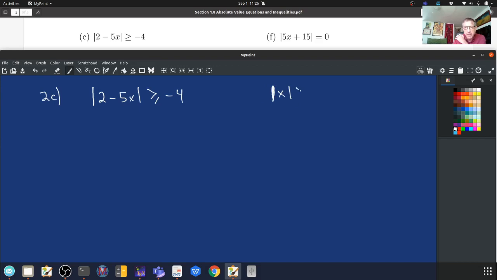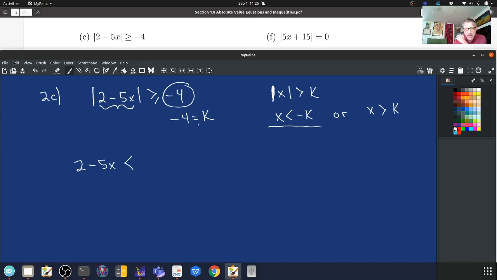The absolute value of x is greater than k translates to, or is equivalent to, x is less than minus k, or x is greater than k. In this case, k is equal to minus 4. And my x here stands for this algebraic expression. So let's rewrite this. So 2 minus 5x is less than minus k.